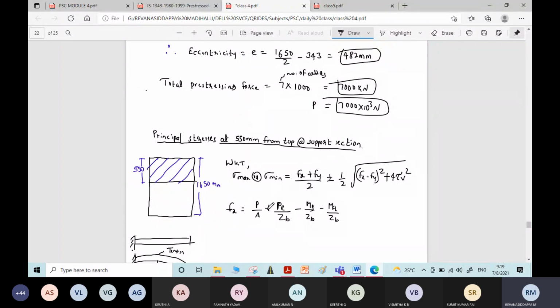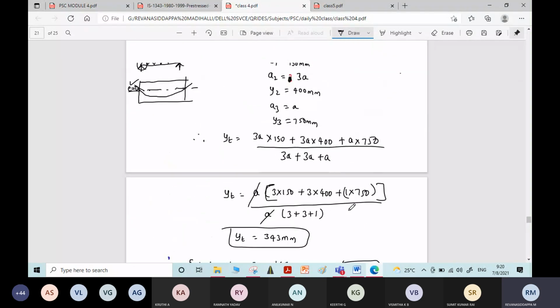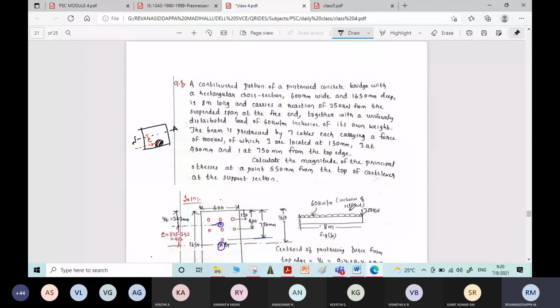In all previous problems, the simple support and 0 eccentricity were given, so it was just P by A. Is that clear for you all, students? Any doubts here? No, sir.